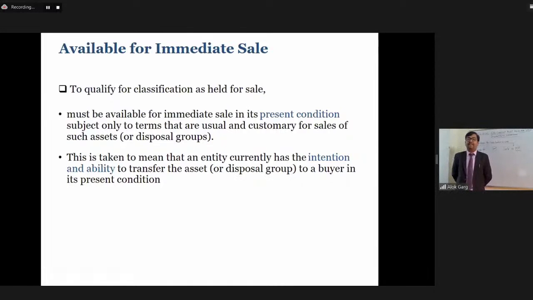In this case, although the company wants to sell the building, it is not able to. The company cannot transfer clear title in favor of the buyer. So what are the two things? One, it should be available for immediate sale in present condition. Second, there must be an intention and ability to transfer the asset to a buyer in present condition.